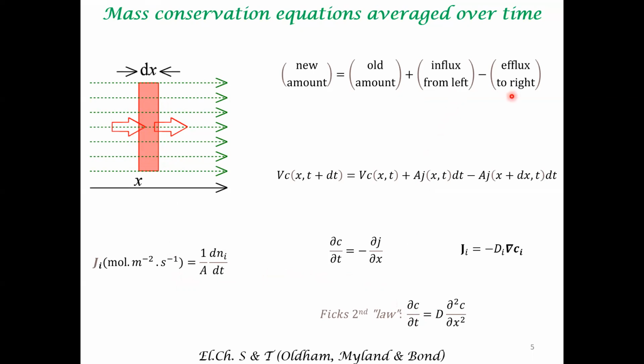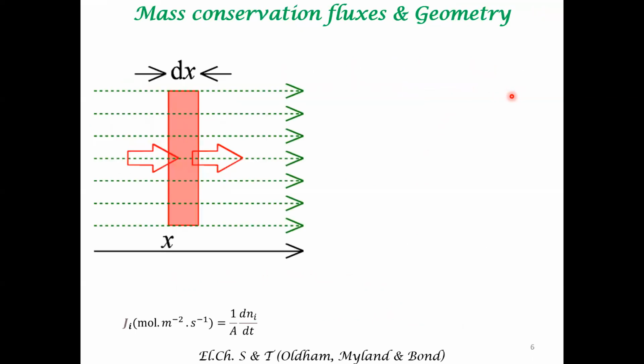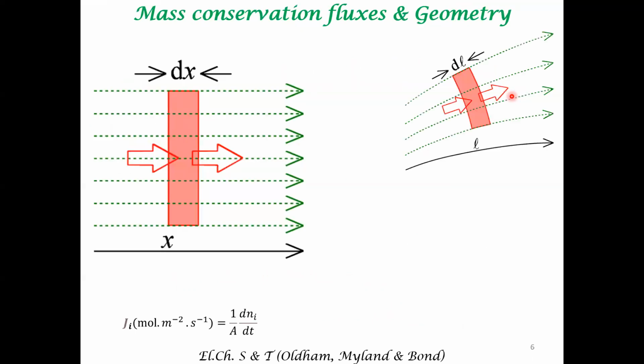There can be another reason why concentration can change, that is dependent on the geometry of the system. For example, if the cross-sectional area of this element itself is changing, you can also have a change in concentration with respect to time because of the changing cross-sectional area. So this is an important effect.